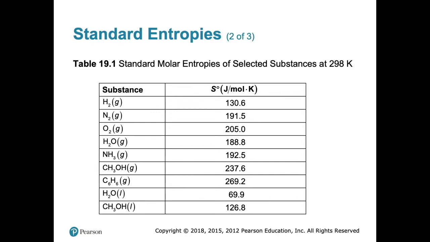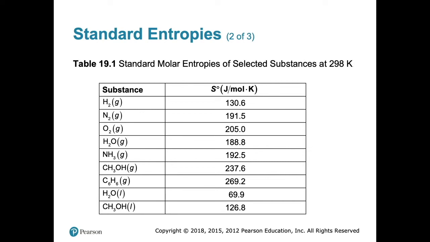The first thing I want you to notice is this little S naught symbol. This little naught symbol will always indicate standard. So these are standard entropies, or the entropies of these molecules at standard pressure and temperature.